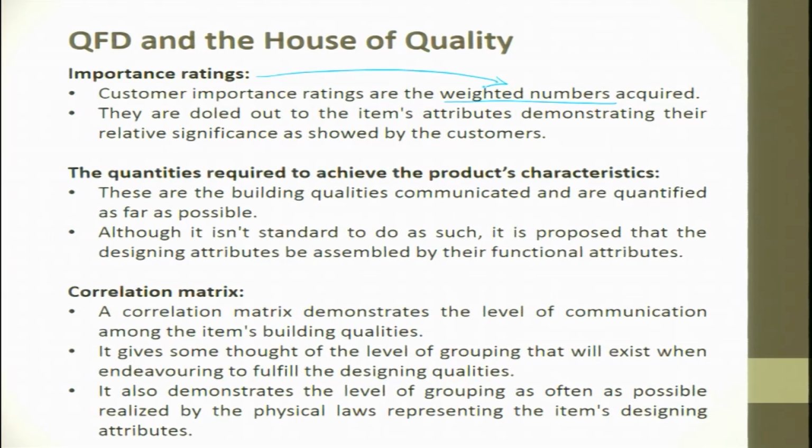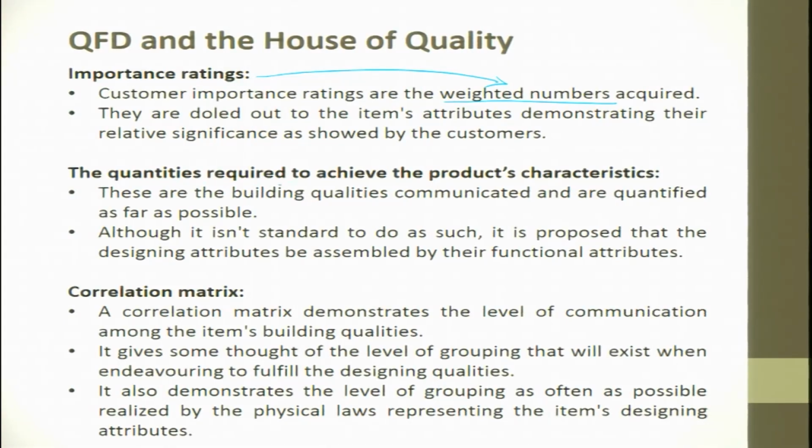When I use them as a multiplication factor with some other numbers A, B and C, I will know what the difference is, and by looking at the numbers I will be able to pick up how significant this parameter is with respect to your output. They are doled out to the item's attributes, demonstrating their relative significance as shown by the customer.